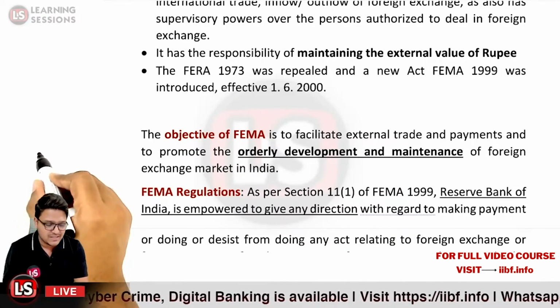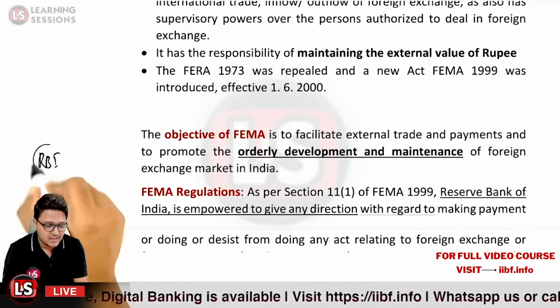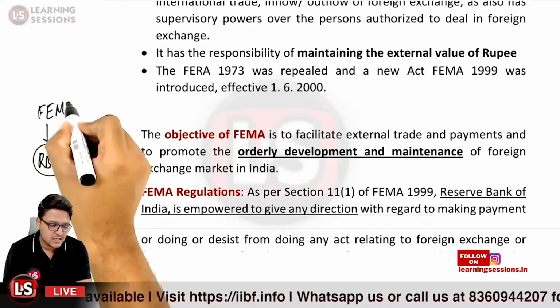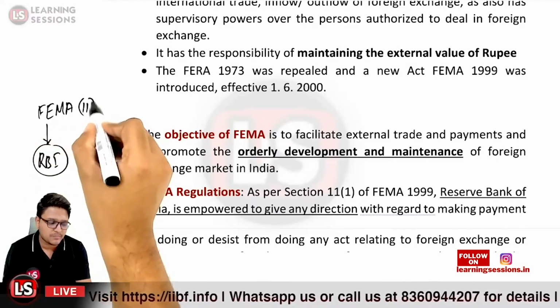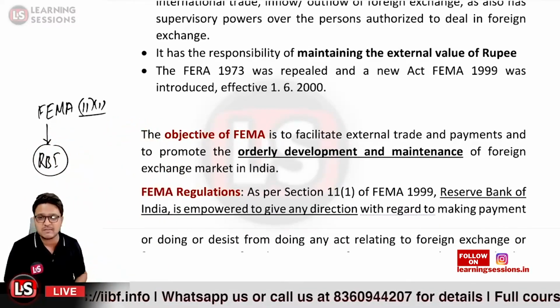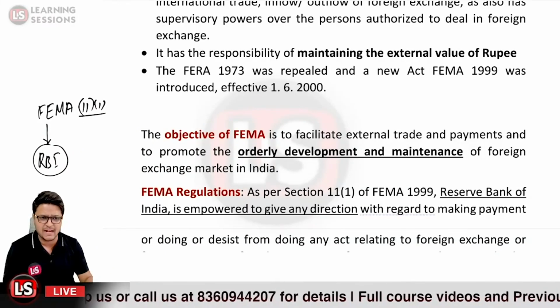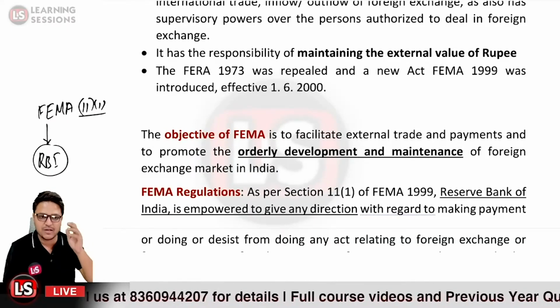The Reserve Bank of India, we can say, is the Karta Dharta under the FEMA, and it has been empowered under Section 11 subsection 1 to regulate, to control, and further to issue guidelines related to that.